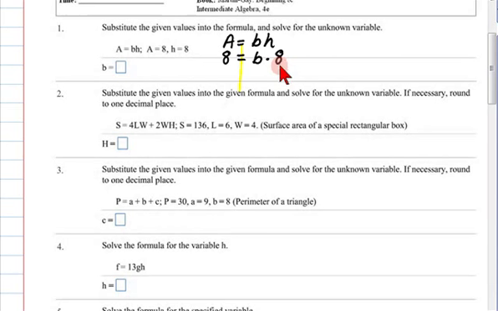But do you remember that the commutative property of multiplication says that B times 8 is exactly the same as 8 times B? It's the same. B times 8 is the same as 8B. So now, what will you do so that it says B equals? Divide. You'll divide by 8. And I get 1 is equal to B. Is that okay? All right.